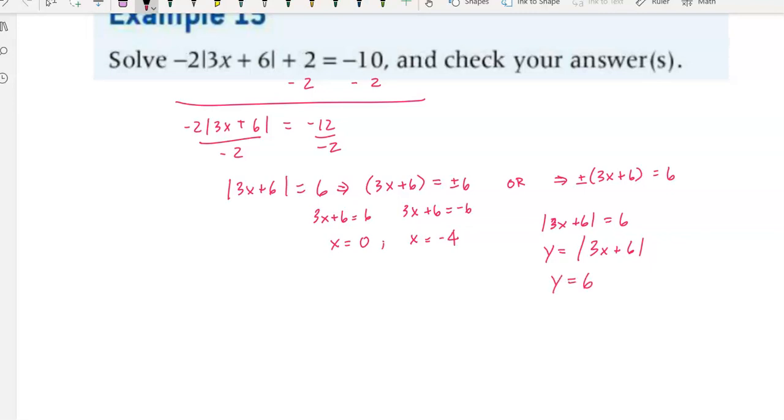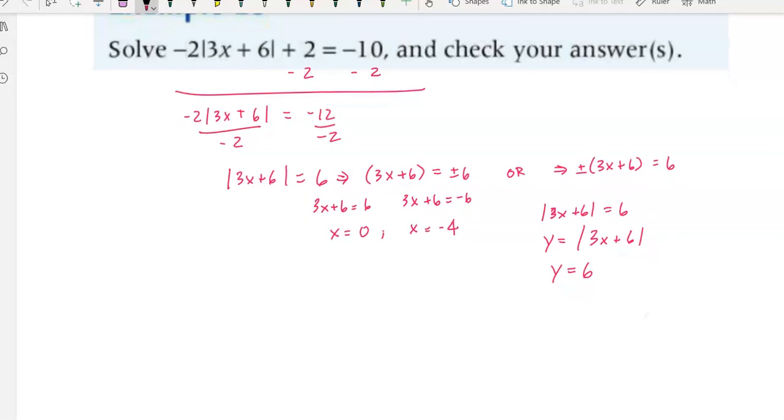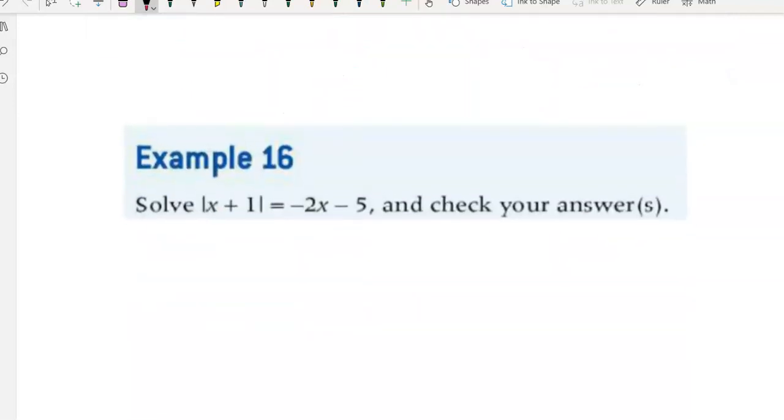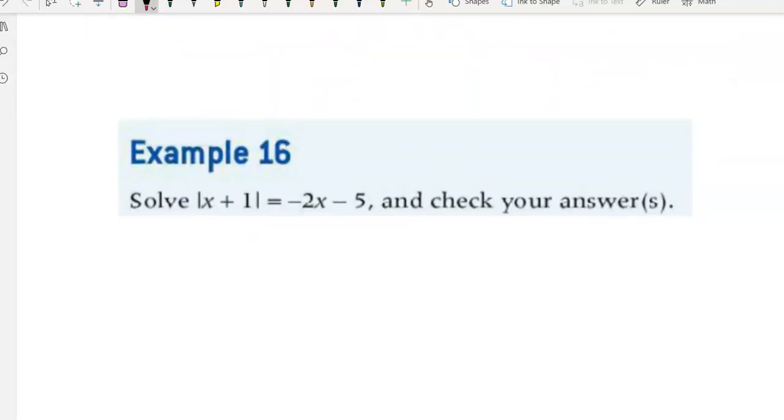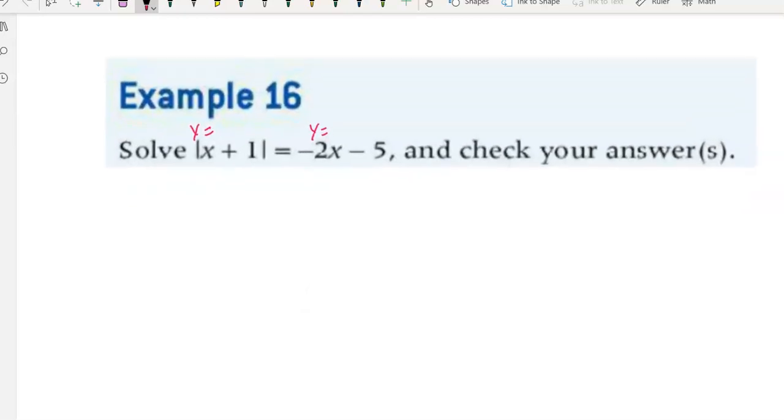And you're just looking for their intersection points. If you think of it like that, all equations are just systems of equations every single time. So for this one, we have y equals this, then we have y equals that, and you're just looking for intersection points.